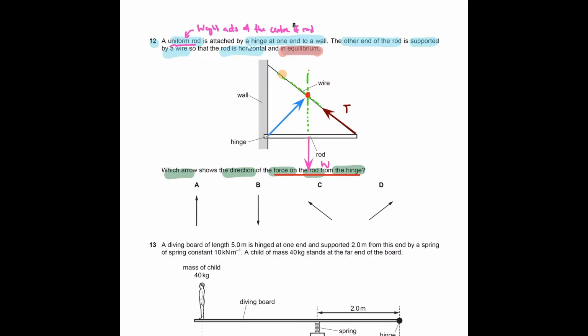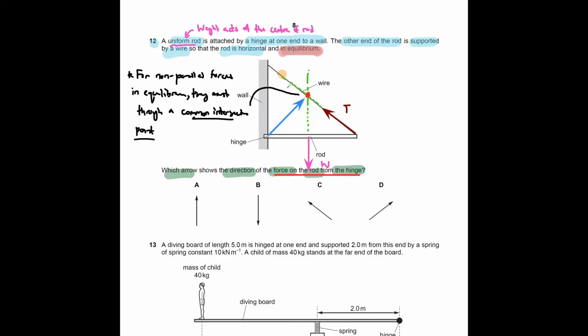One thing that you might have learned last time was that for non-parallel forces in equilibrium, they must pass through a common intersection point. The common intersection point is actually this point here.